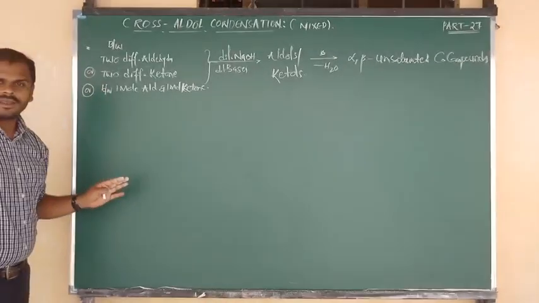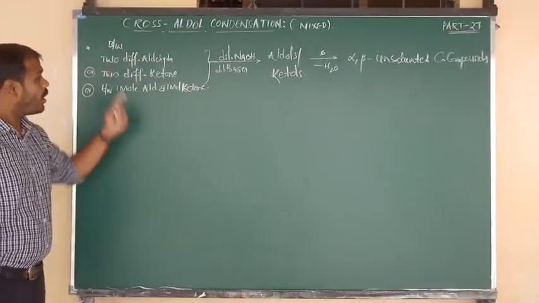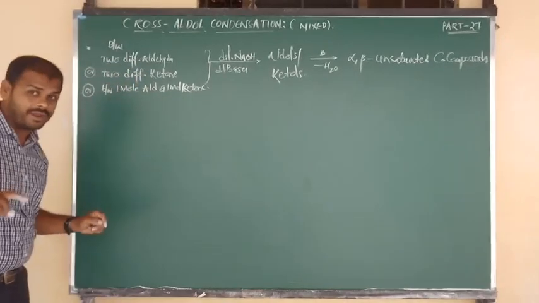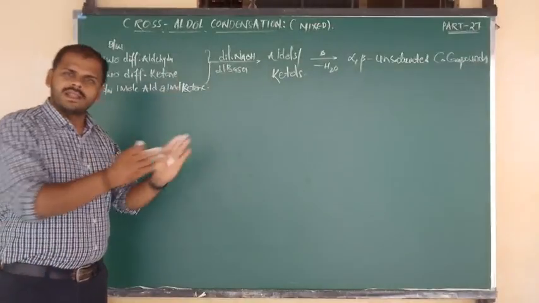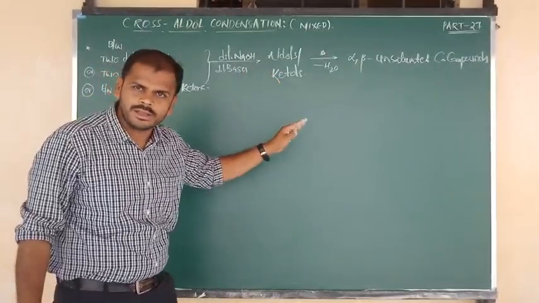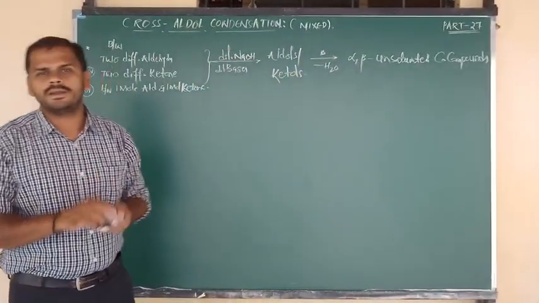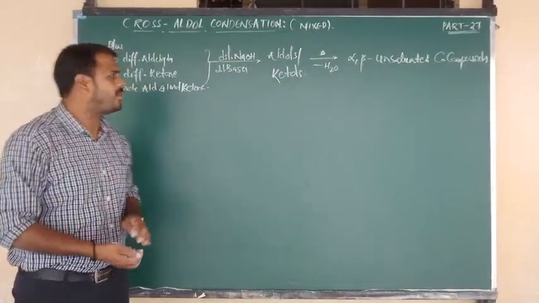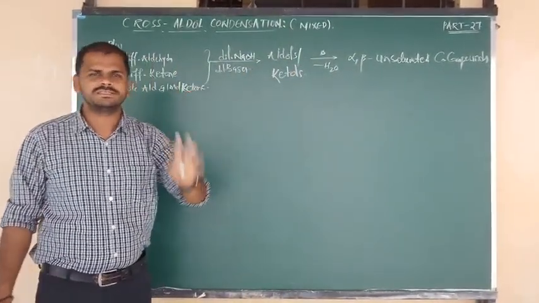Finally again, the aldol condensation between two different aldehydes, or two different ketones, or between 1 mole of aldehyde and 1 mole of ketone, undergoes condensation in presence of dilute bases and forms the respective aldols or ketols. Again upon dehydration, they finally form the alpha beta unsaturated carbonyl compounds. So the reaction is everything the same, just conditions are applied.